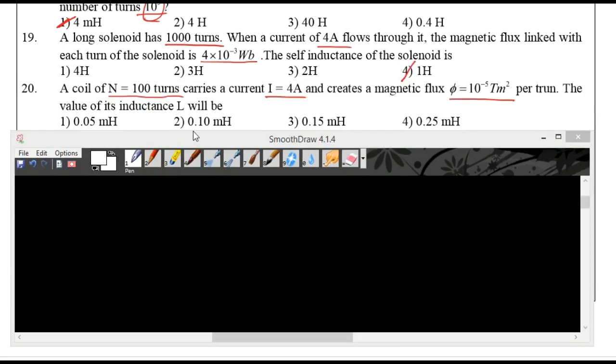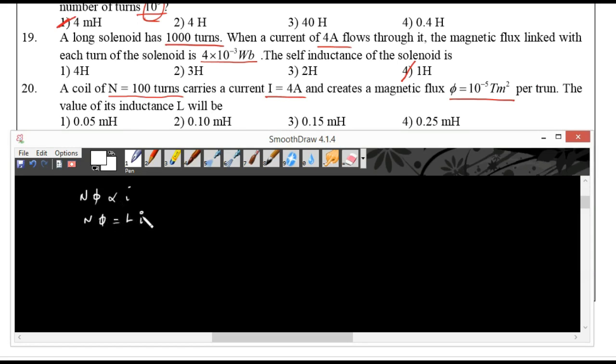A coil of N equal to 100 turns, I equal to 4 amperes, creates a magnetic flux 10 power minus 5 Tesla per meter square per turn. The value of the inductance is? Now N phi is directly proportional to I, so N phi is equal to Li.